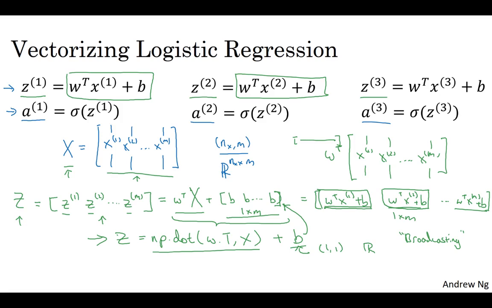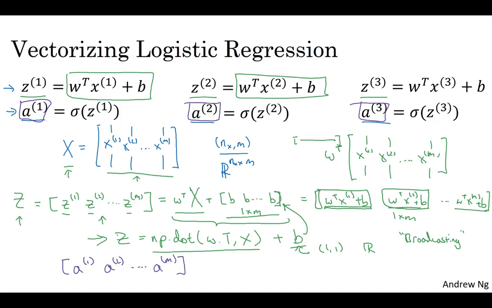How about these values, A, right? What we'd like to do next is find a way to compute a1, a2, and so on through am all at the same time.